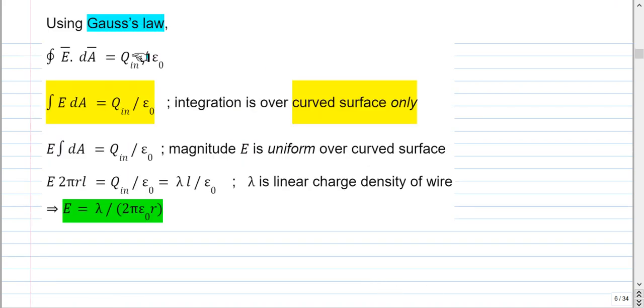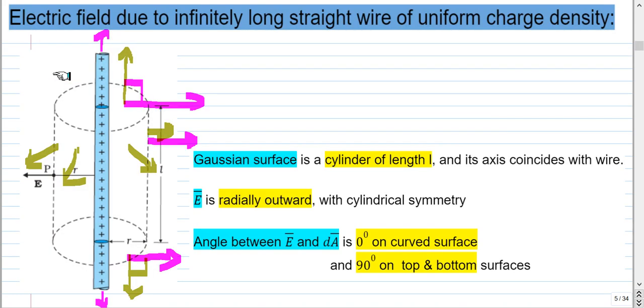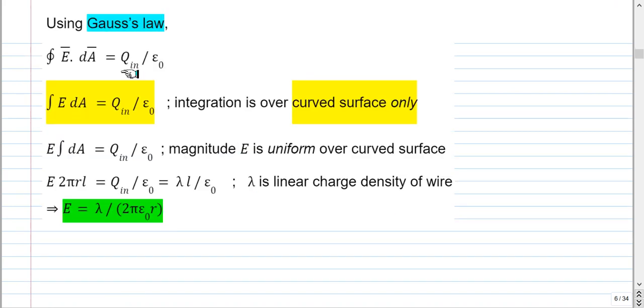Using Gauss law, the integral E dot dA over the closed surface is Q in by epsilon naught, and this integral will have a contribution only from the curved surface. On the top and bottom surfaces, E dot dA is 0 because E dot dA is E dA cos 90, and cos 90 is 0. So only the curved surface will have a non-zero value of E dot dA.